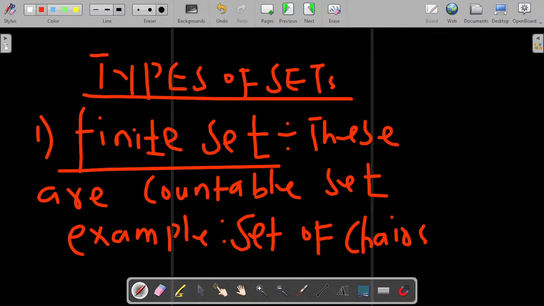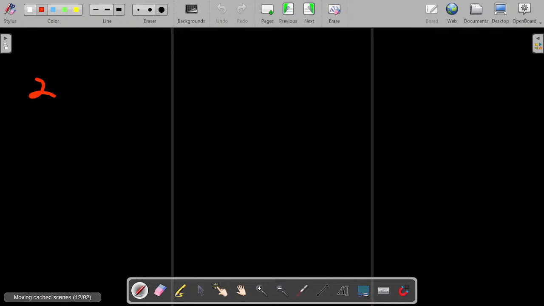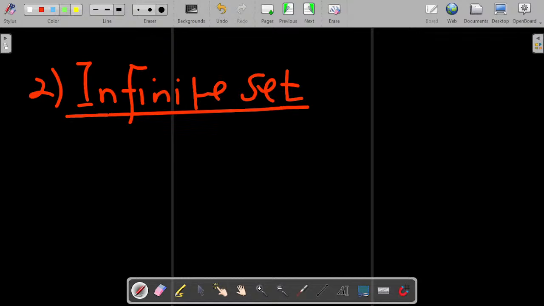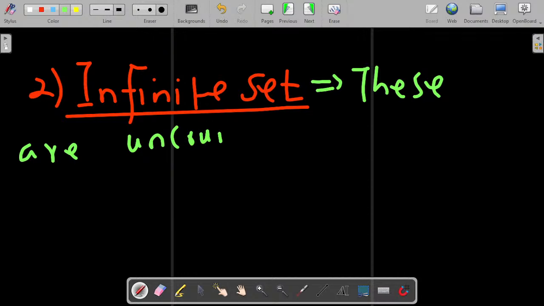Then the second one, number 2, is infinite sets. What are the infinite sets? These are uncountable sets, meaning you can't count them.